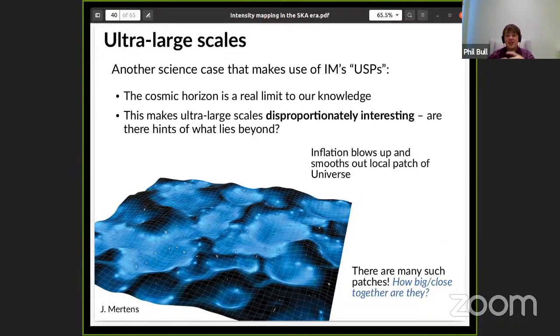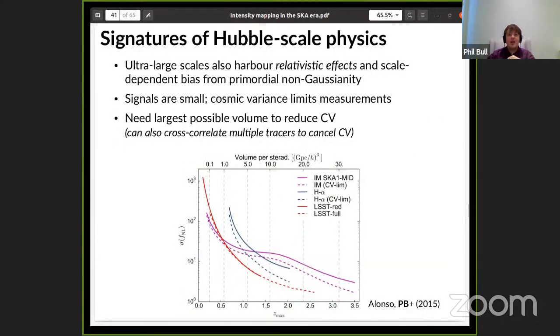And it's very hard to access those using any experiment. Perhaps intensity mapping is the best way of doing a very efficient, rapid survey of these very large scales, and we can learn something about fundamental physics from those. And again, I'll skip past this, but there's a way of doing that in concert with other types of survey as well to help reduce some of the noise, what we call a cosmic variance cancellation on these observations.